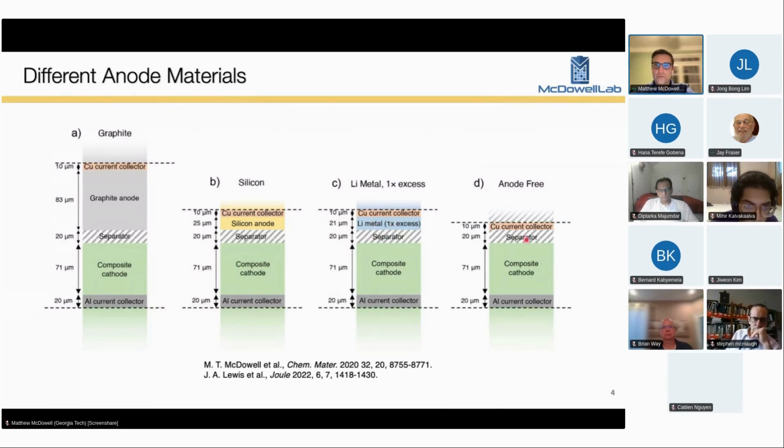And then here's an anode-free type cell, where you have no active material at the negative electrode to start with. You only have a current collector. So you can see the benefit of going from graphite to an alloy like silicon to lithium to anode-free, because you reduce the size of your cell. This directly translates to a higher energy density and usually specific energy as well. So that's why there's so much interest in this. You can get higher energy metrics.